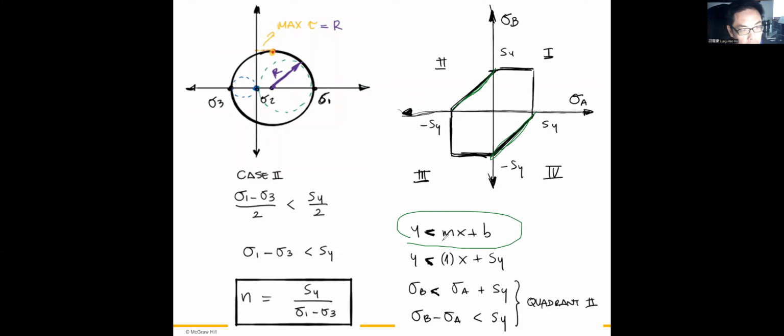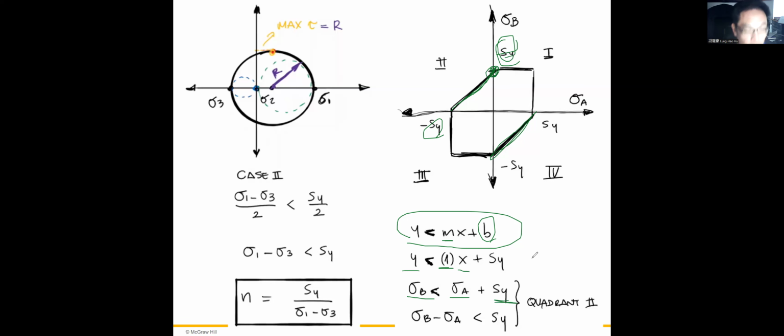The slope equals 1, because the boundary limit of the stress sigma a and sigma b is the yielding stress. Therefore, the slope is equal to 1, and we replace y with sigma b, replace x with sigma a, and the intercept with the y-axis is the yielding stress.